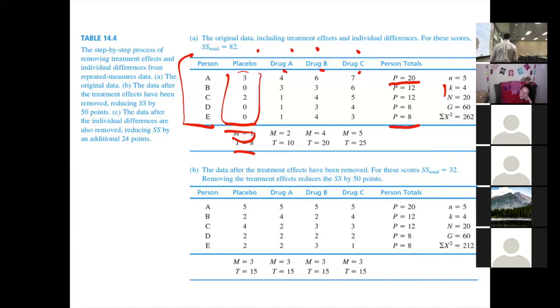I got that one right. For person B, 0 plus 3 plus 3 plus 6 gives you 12, and so on. So now we have the column totals and we have the row totals. The row totals are the totals for the person. The column totals are the totals for the condition.